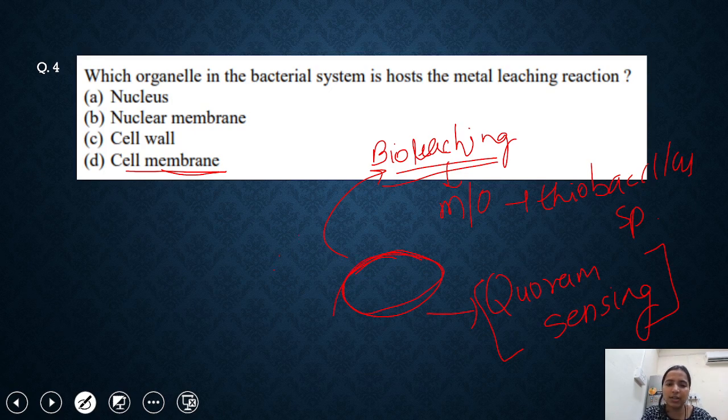Microorganisms sense the different compounds present there and move towards them. Suppose these materials are present on the ores. Bacteria sense this material and move towards it. When bacteria reach there, they start reacting. So quorum sensing is the biological process present after this bioleaching. Normally you don't need to go into detail of this process. For bioleaching, only the cell membrane part of the bacteria is used. So for this question, the answer is D.